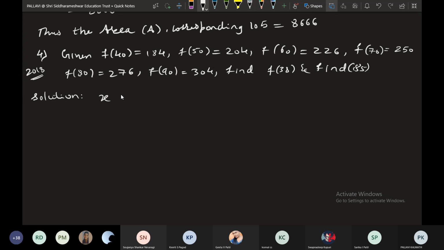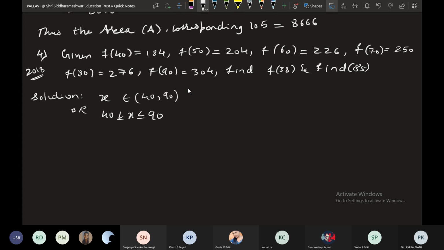So we can write x belongs to 40 to 90, the last value is 90. Or the other symbolic representation is 40 less than or equal to x less than or equal to 90, which means x is lying between 40 and 90. This is just symbolic representation. Sometimes they can also give it like this: value of x lying between 40 and 90.